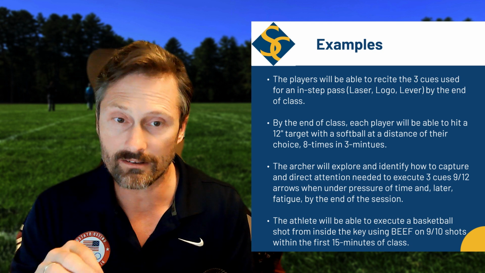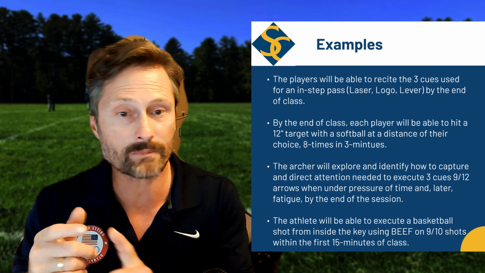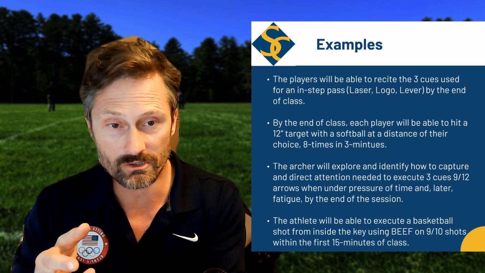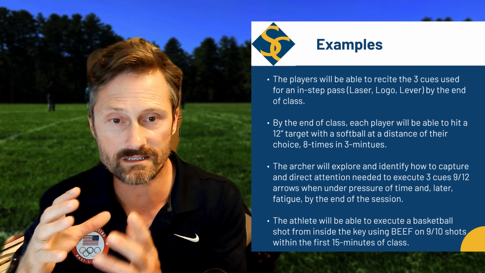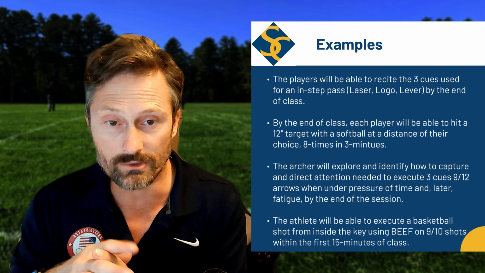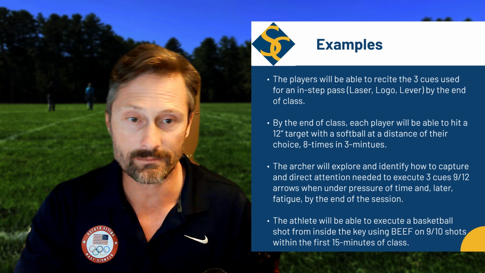If we stopped there, we are leaving out the fact that it needs to be hit with a softball. We're leaving out the distance, which is certainly an important piece. And then the specific criteria or standard that we want to hold the athletes accountable to, and that is that they're going to hit this 12-inch target with a softball specifically 8 times in 3 minutes.